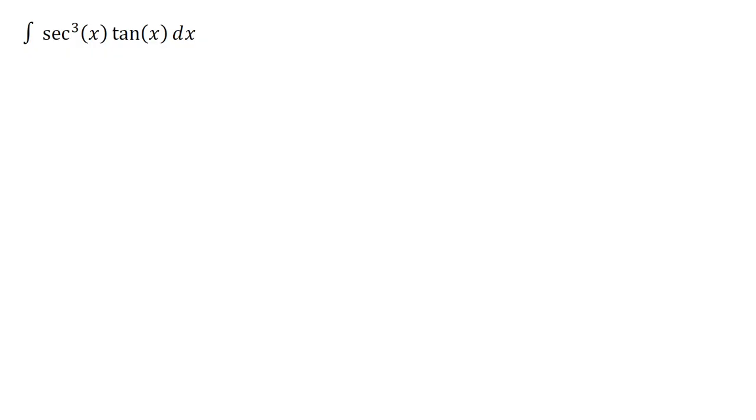For our next one here, we have secant cubed x times tangent x. And what we might note here is that this is the same thing as the integral of secant squared x times secant x tangent x.